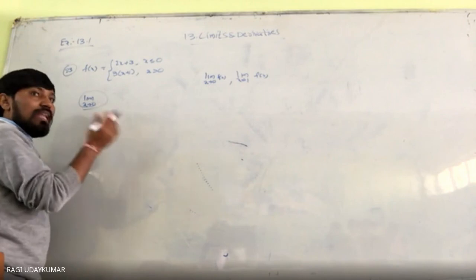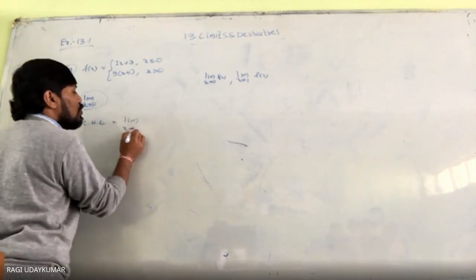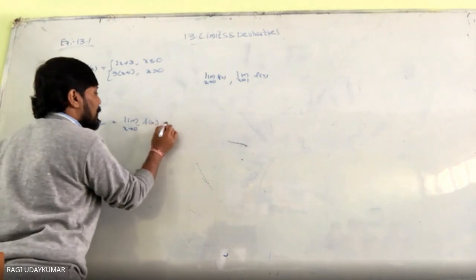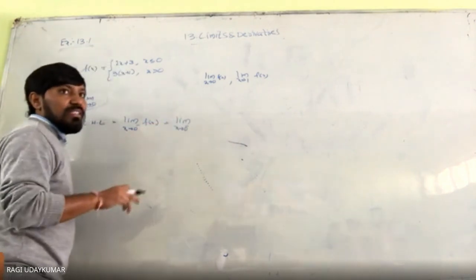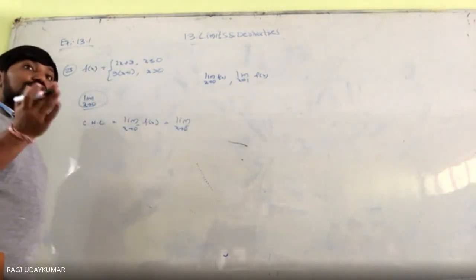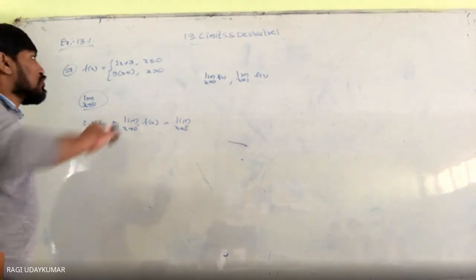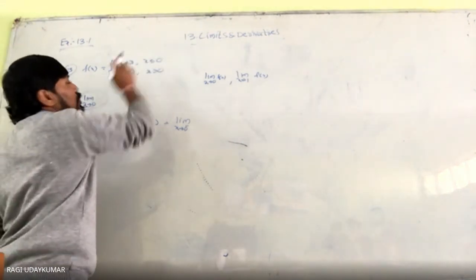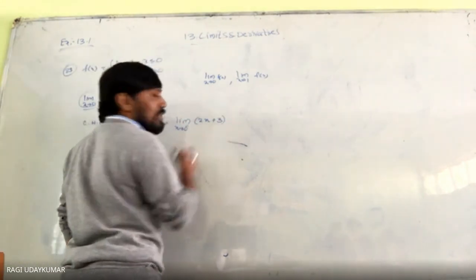You need to find the left hand limit, that is, the limit as x tends to 0 minus of f of x. This is nothing but when the value of x is on the left side of 0 but near to 0. Left side of 0, near to 0, means the function is 2x plus 3. So you need to take 2x plus 3.